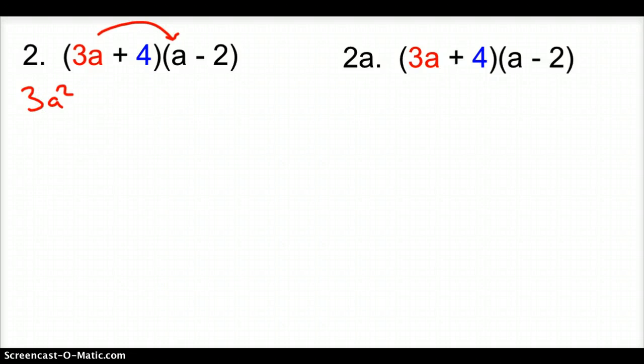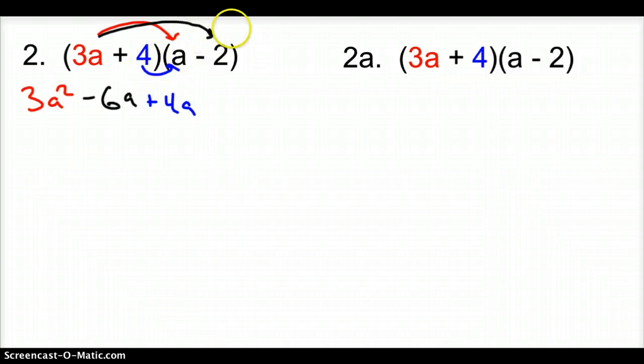Now we have to make sure that term goes to both the front one and the back one. So 3a times a negative 2 is negative 6a. Then we take the second number and multiply it times the first number to get plus 4a. And then this again times there to get minus 8.